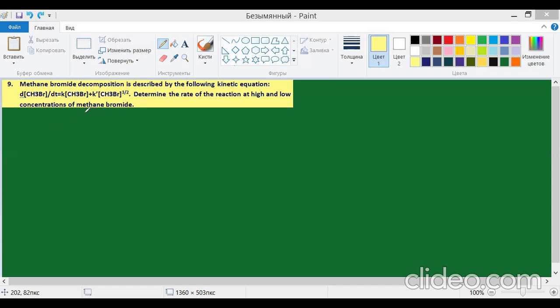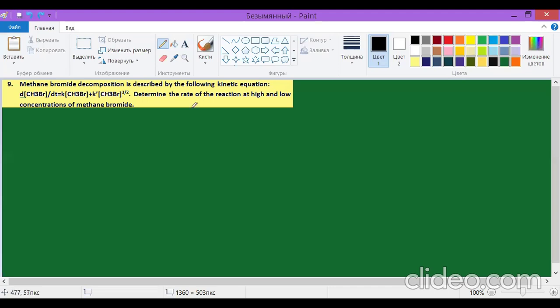We've got two terms summed to each other, and they ask us to determine, not the rate, but the total order of the reaction at high and low concentrations of methane bromide.